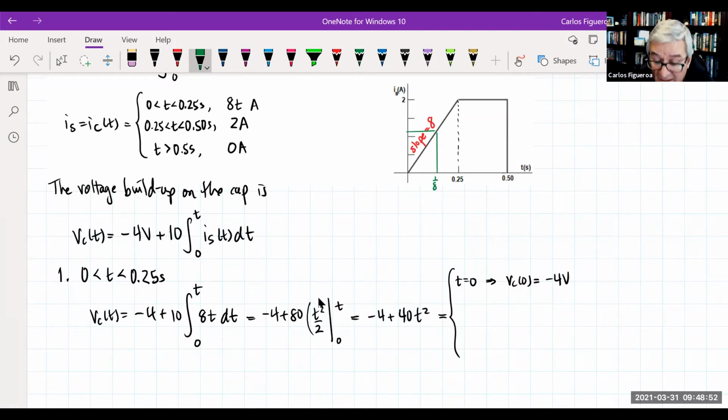If this is anything to scale here, this looks like it's going to be a little over 2, but that can't be right. So if I look at a time of 1/8 of a second, if I punch that in, I'm going to get a value of minus 3.38 volts. So what you're seeing here is that I go from 0 seconds to 1/8 of a second.